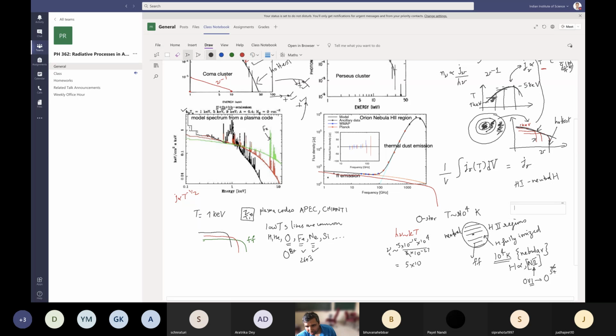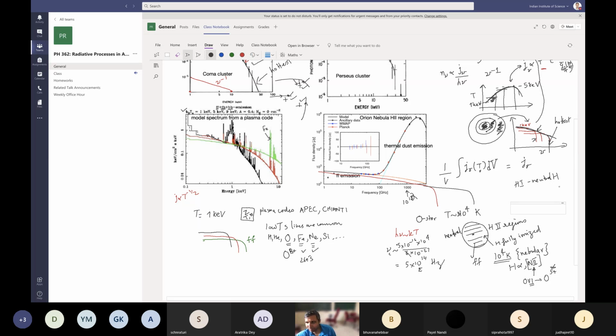So 10 plus 4 is 14. Is that correct? Hertz. Yes, this is gigahertz, so about 10 to the 15. No, 9 plus 3 is 12, 10 to the 12. So the cutoff is not seen because it actually happens at much higher frequency, somewhere here, right?